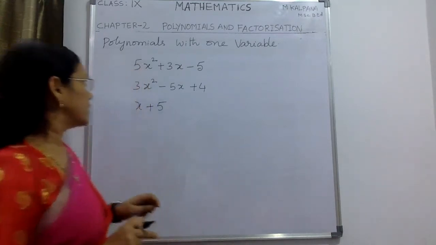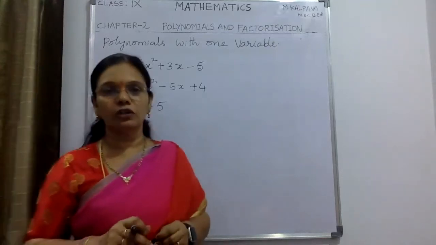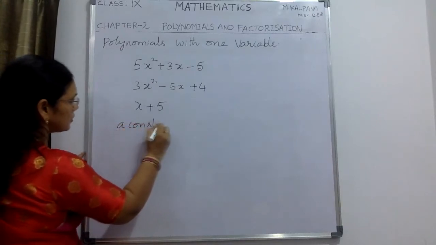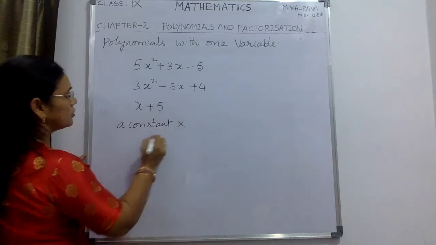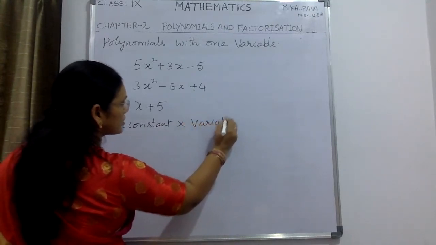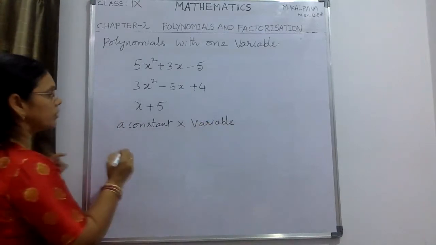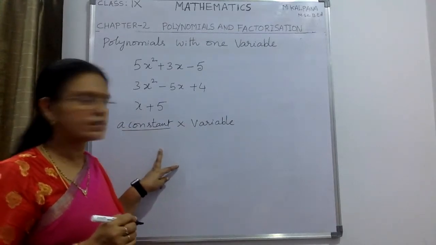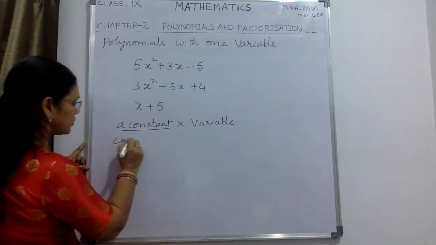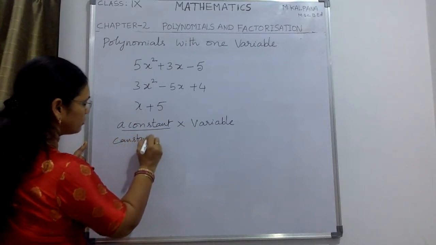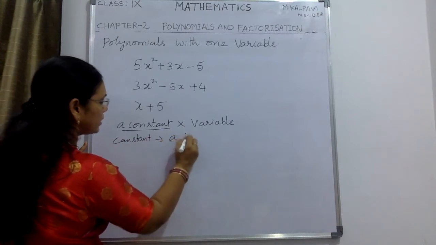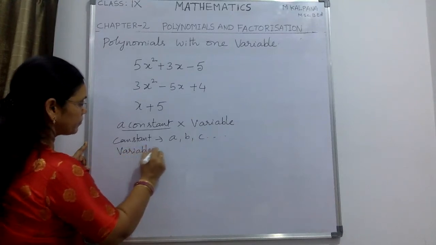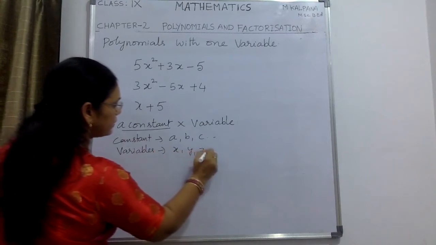Okay. See, if we want to write an expression as a constant into variable, but we don't know the actual value of the constant, sometimes in such cases, constants are represented by A, B, C and so on, and variables by X, Y, Z and so on.